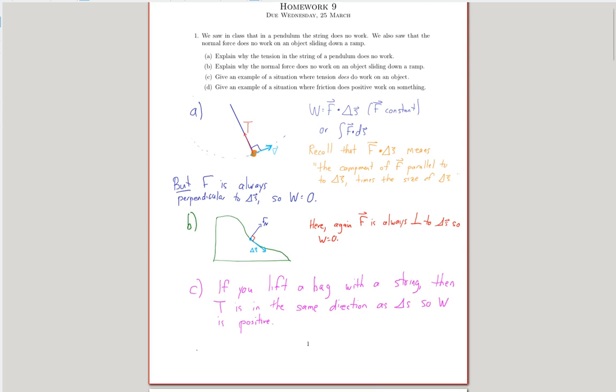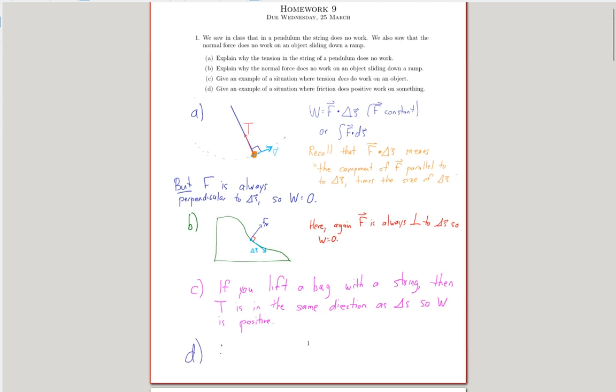Traction is an example of that, or it can be. Traction from the wheels of an accelerating bicycle. So that's problem 1.